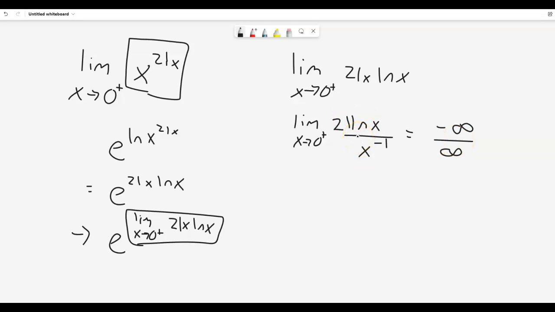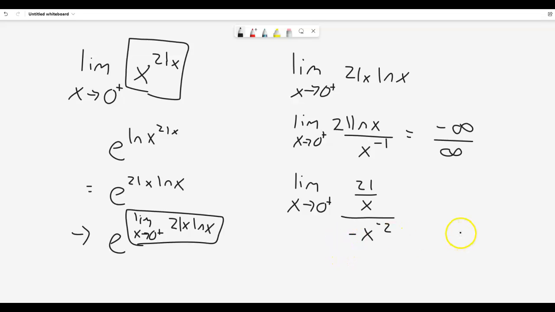So now we can take the derivative of both the top and the bottom. This becomes the limit as x approaches 0 from the right. Remember, the derivative of natural log of x is 1 over x, times 21, which is 21 over x. And on the bottom, it's going to be negative x to the negative 2 when we take the derivative.